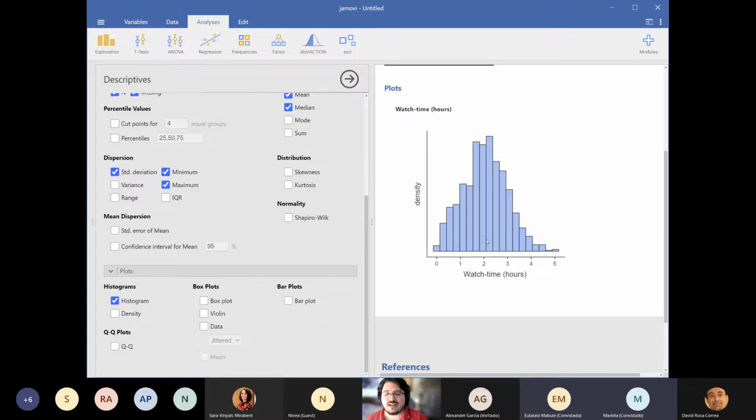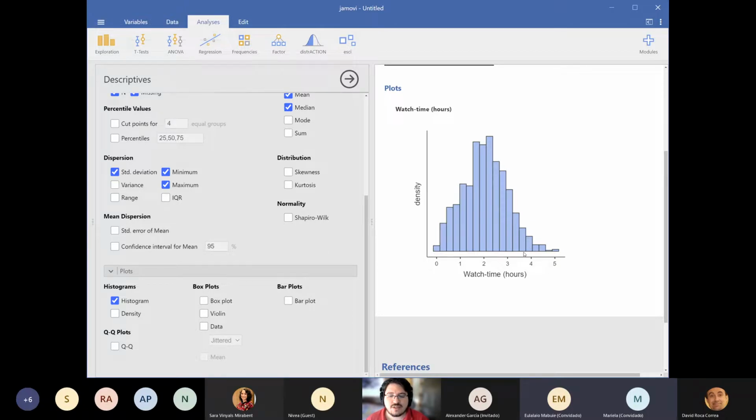But in general, with this pictorial description of this data, we can have a sense that probably the mean is a good number to use to describe this data, and probably the median too. We can also see that it's a bit skewed, so it's not exactly symmetrical.